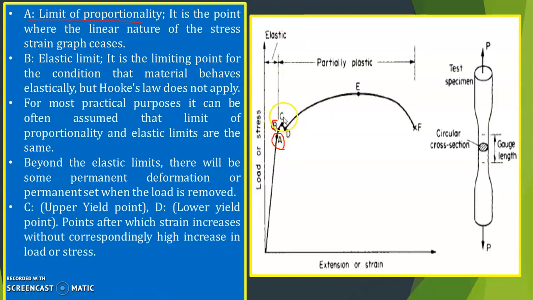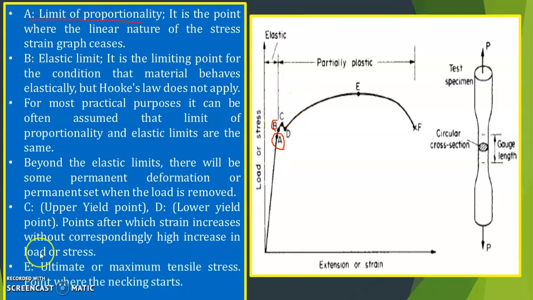See this point, C. This point is called the upper yield point. Here there are 2 points. C is the upper yield point and D is the lower yield point.